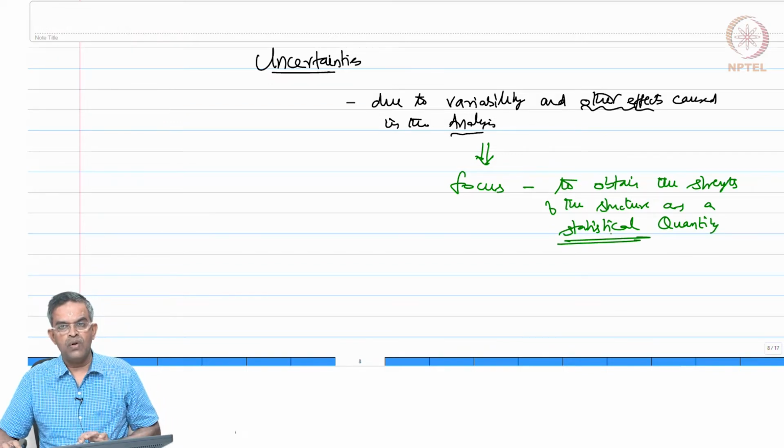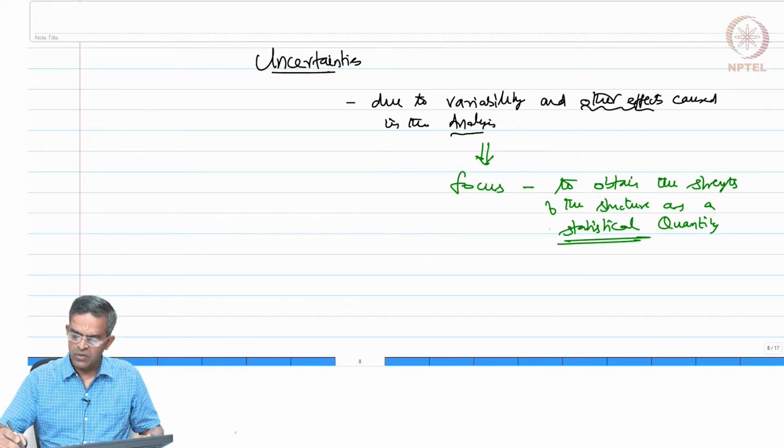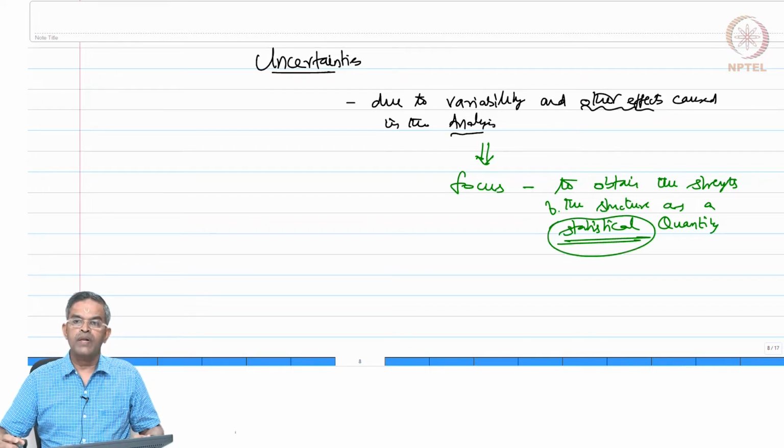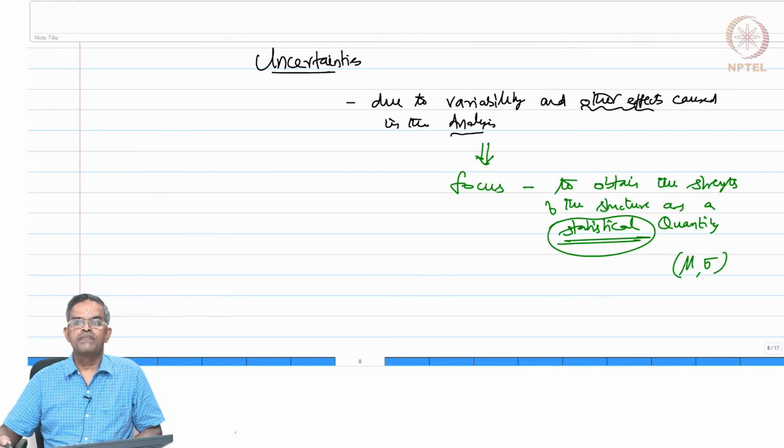So, strength can be lower and higher, it can be minimum and maximum, it may not be consistent throughout. So, we look for a variable, we look for a variation band, and we express the strength not as a single number or a single quantity, but we try to express this using statistical tools. Now, we will express the strength in terms of its mean and standard deviation. Okay?